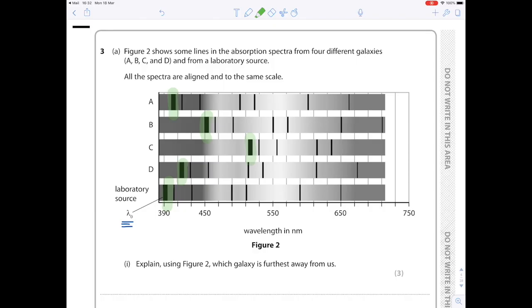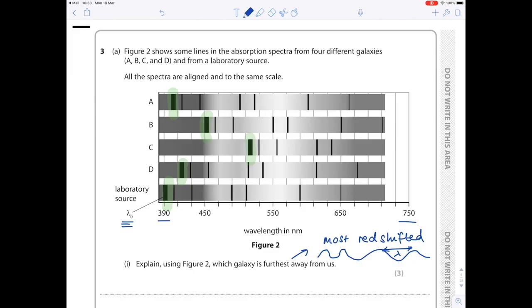And the other thing to notice is which galaxy is furthest away from us, and that means is the most redshifted. Because remember, when galaxies move away from us, their wavelength effectively gets stretched like this. The wavelength is longer, and then if you look at these wavelengths along the bottom of the scale, you're looking for the longest wavelength.